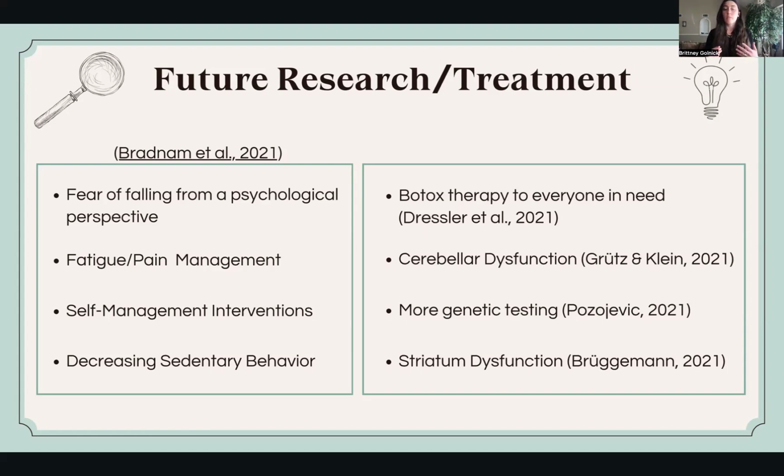And we need to be able to decrease sedentary behavior. We need these individuals to feel comfortable and have the ability to participate in physical activity, whether that's as an adult or as children. And not only that, but we need to be able to give Botox to everyone that is needed and not only have it given to certain individuals, but in underdeveloped countries, for instance, it needs to be a well-known treatment across the world.